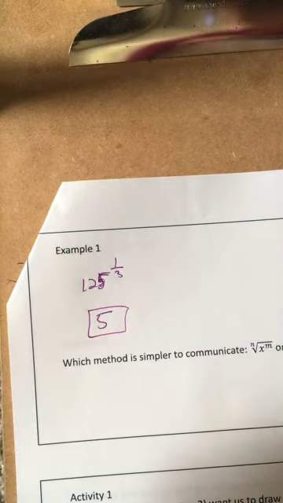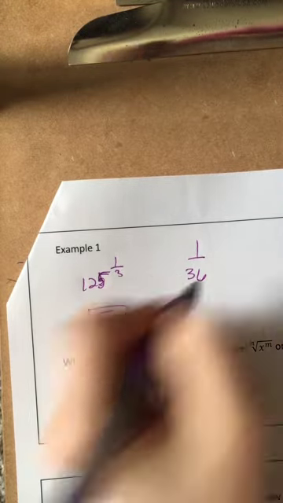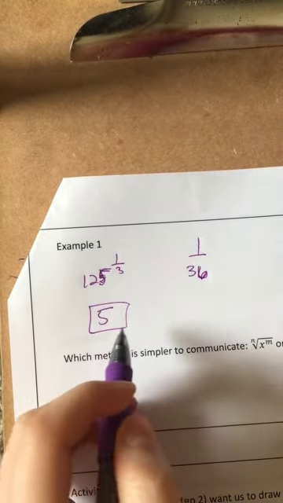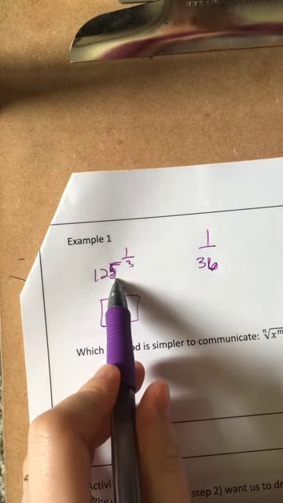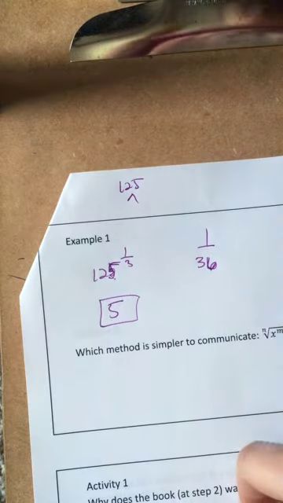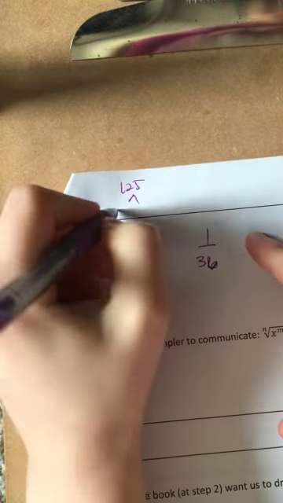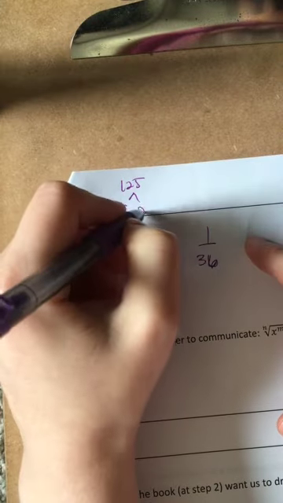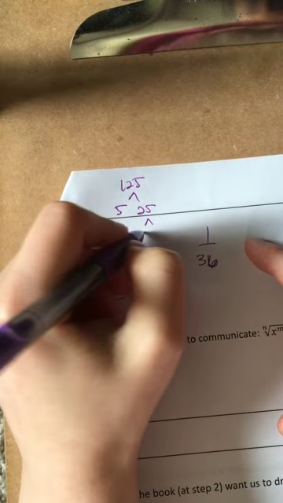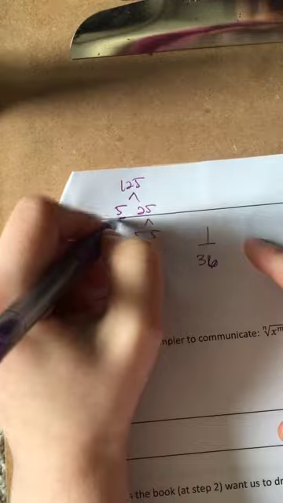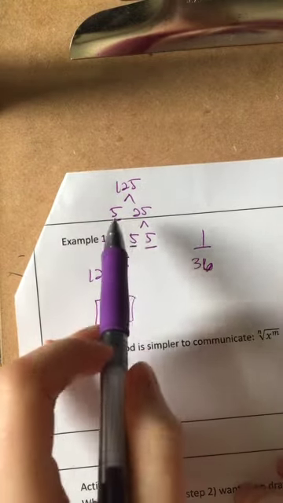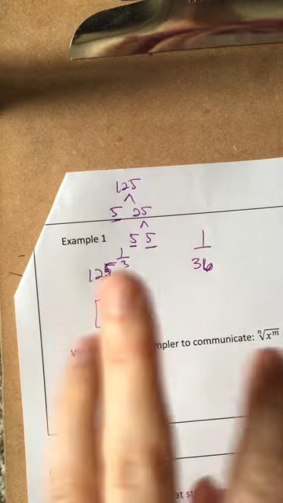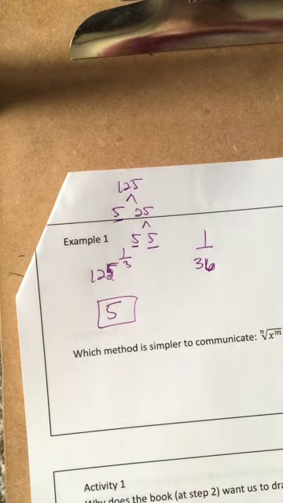Okay, next one. I guess it wants without a calculator, but this is just a common one that if it ends in a 5, you know 5 goes into it. So if you did a prime factor tree, 5 goes into 125 25 times. 25 is 5 and 5. So you can do prime factorization trees, and then you can see what number multiplied by itself 3 times will get you what you're trying to get.